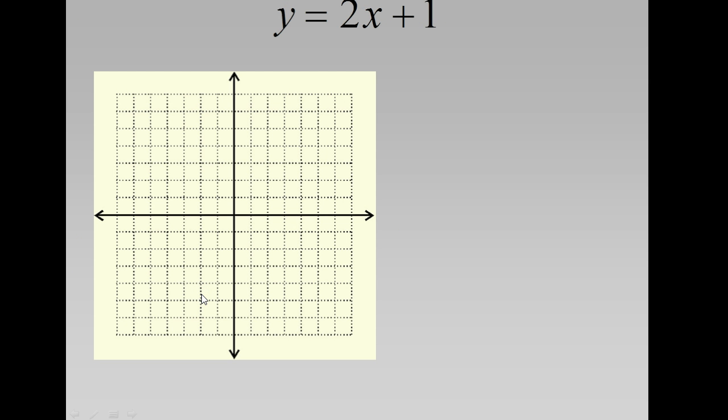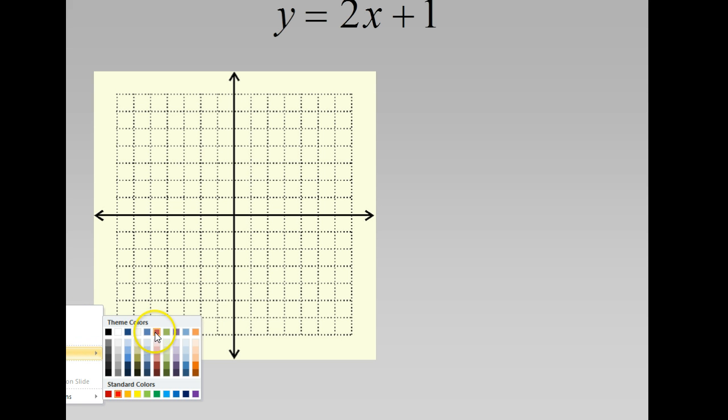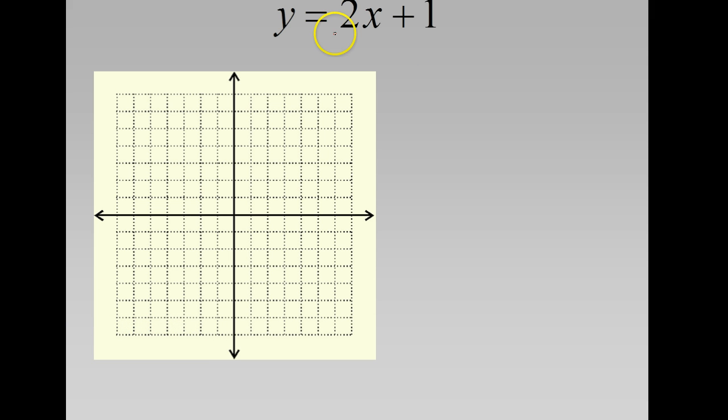Alright, so the first one is y equals 2x plus 1. So let's remember here that 2 will be the slope, and it's going to be 2 over 1, and 1 is going to be the y-intercept.